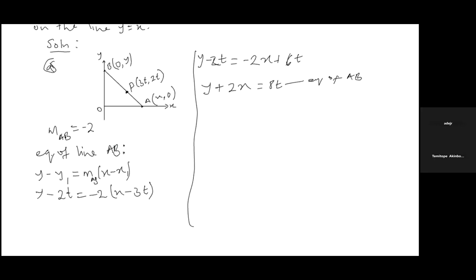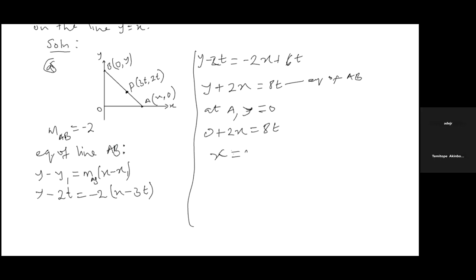So at A, y is 0. So I'll substitute 0 in the equation of AB for y. So we have 0 plus 2x equals 8t. x equals 8t divided by 2, 4t.